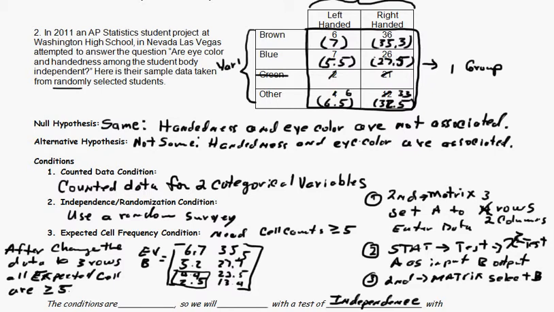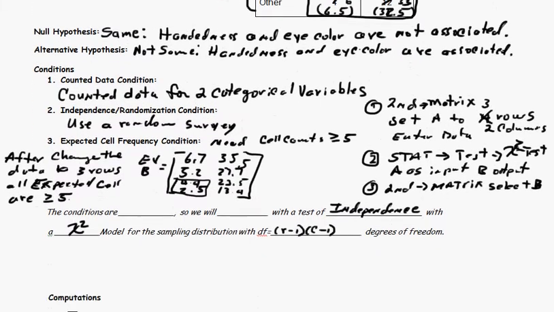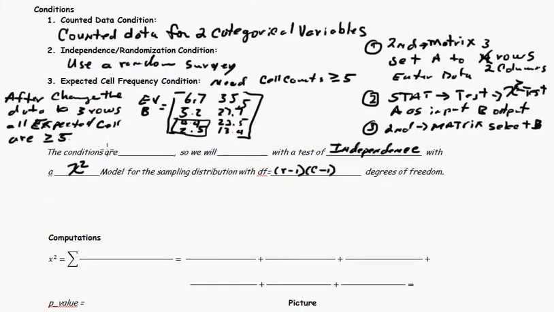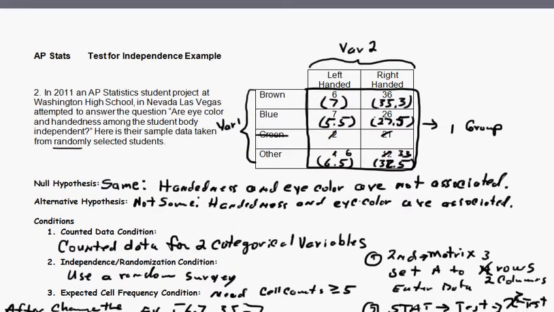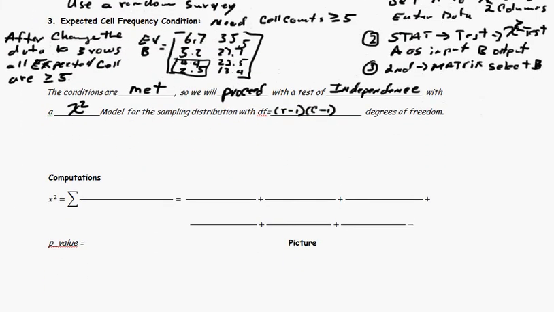Okay, so that took a while, but that's important. Otherwise, it's not appropriate to proceed. So now the conditions are met. So we will proceed with a test of independence. Again, we have 2 variables in one group. So that's what we're going to do, test of independence.